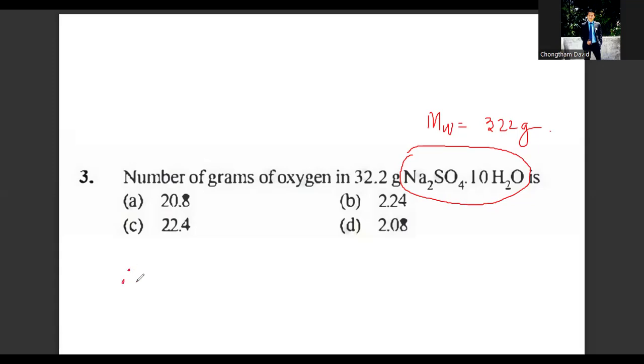So what we can conclude here is 32.2 gram of this sodium sulfate decahydrate will contain 22.4 gram oxygen. So I hope it is clear. The answer would be option C.